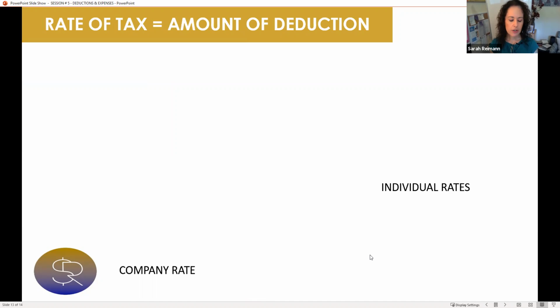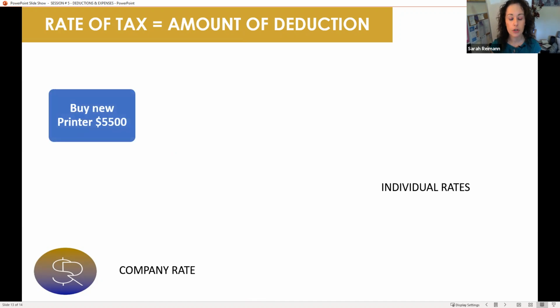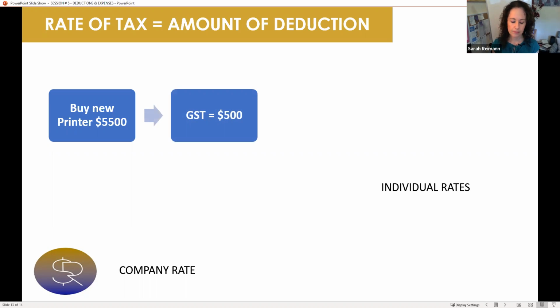Okay, so if you have purchased a brand new multifunction printer for your office, for example, and the cost of that is $5,500, how much do you get as a tax deduction? If you're registered for GST, let's say, then the GST on that is $500 and you'll get that credit on your next business activity statement.